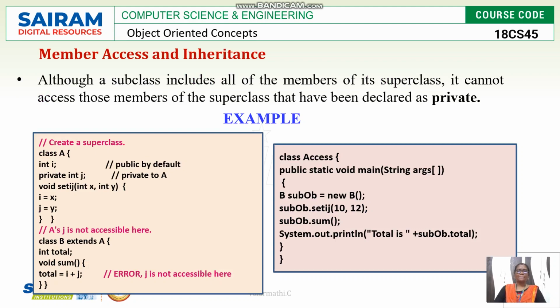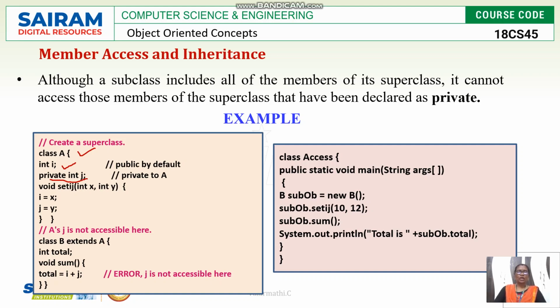How member functions can be accessed in inheritance is another question. So I will go with one more example. Class A is created and it has one variable as i, and one more variable is declared as private. What happens is the subclass will not have sufficient access to the private value of the superclass.